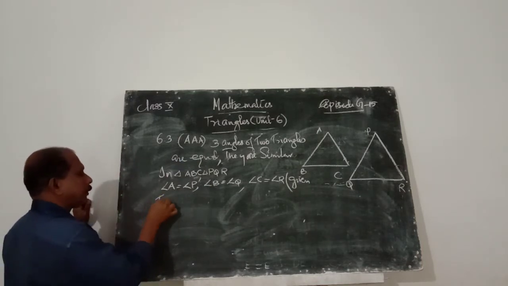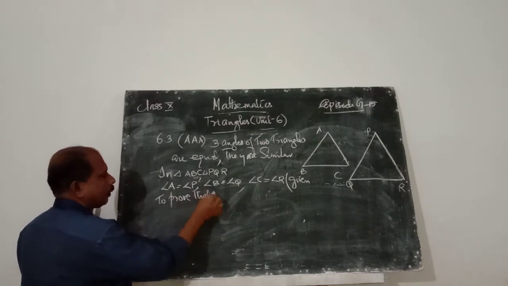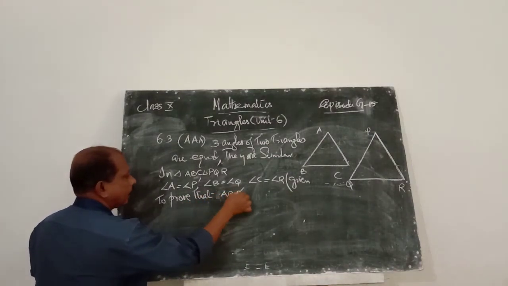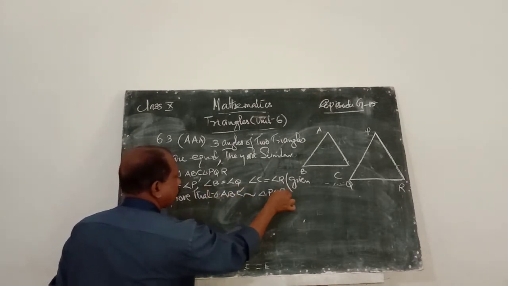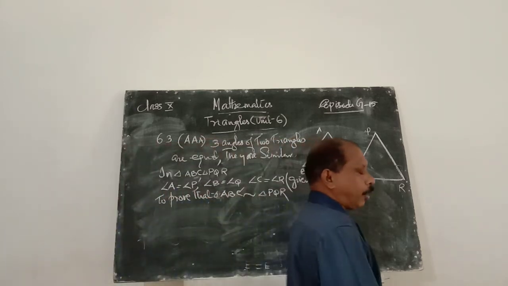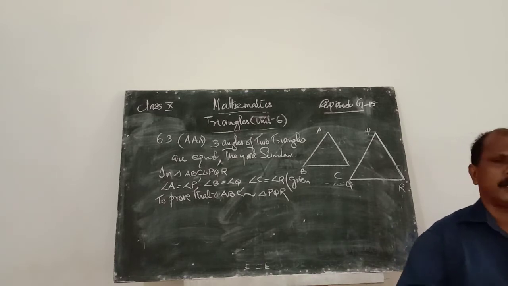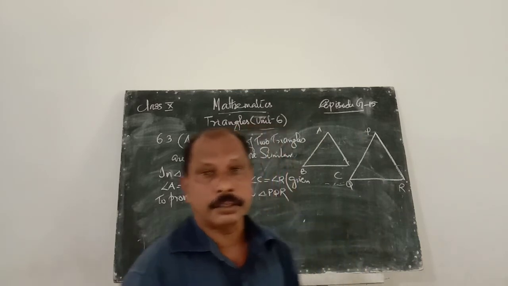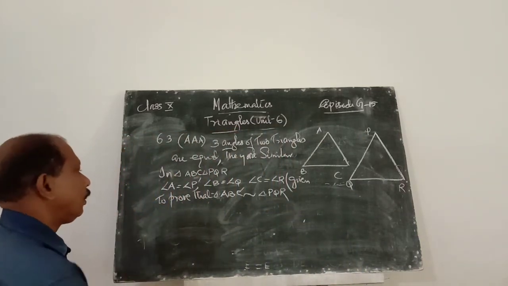To prove that triangle ABC is similar to triangle PQR. Then we prove this with the congruency of triangles. When two triangles are congruent, their sides are equal and their corresponding angles are equal. That is the congruency of triangles.